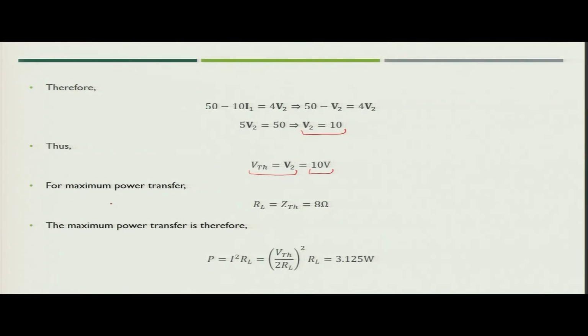and then we will apply maximum power transfer theorem. At the maximum power transfer condition, your variable load RL should be equal to Thevenin impedance. So, the value of RL we can set equal to 8 ohm, and what will be the maximum power transfer? That will be equal to (VTH by 2 RL) square into RL.